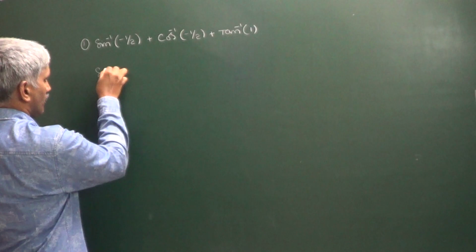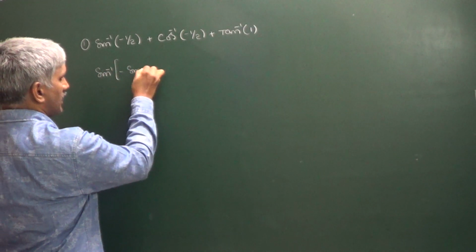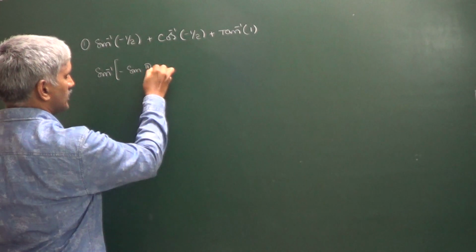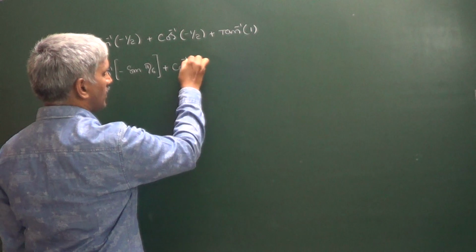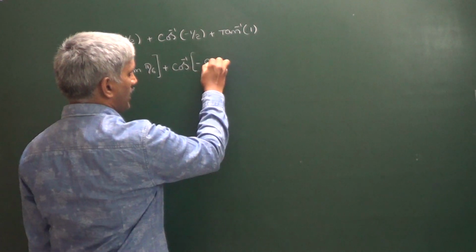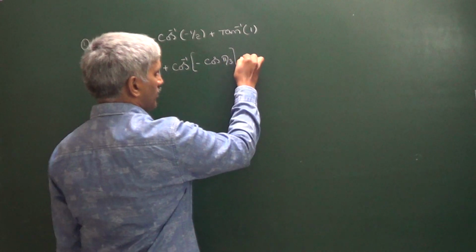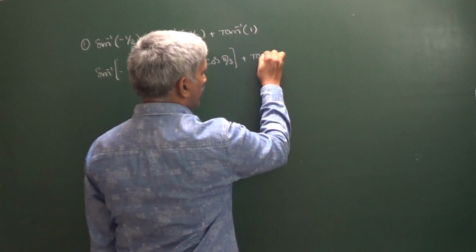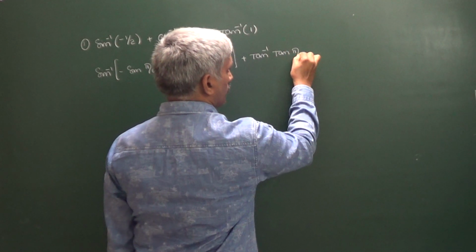Now I can write sine inverse of minus 1 by 2 as minus sine inverse of sine pi by 6. Again, cos inverse of minus 1 by 2 can be written as cos inverse of minus cos pi by 3, plus tan inverse of 1, which we can write as tan inverse of tan pi by 4.